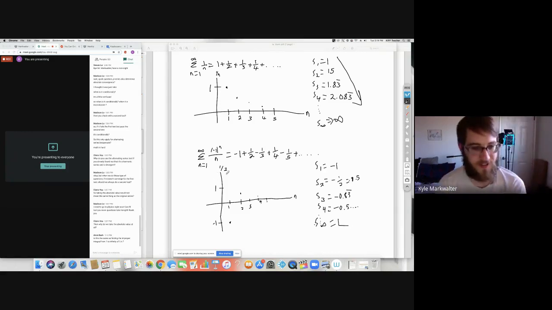Why am I saying all this? Because this is the difference between being absolutely convergent and conditionally convergent. This series, if I ignored the -1 thing, I would have the harmonic series. If I ignore the alternating part, my series would actually diverge, as we showed. But because it is alternating, with minus, plus, minus, plus, it converges.